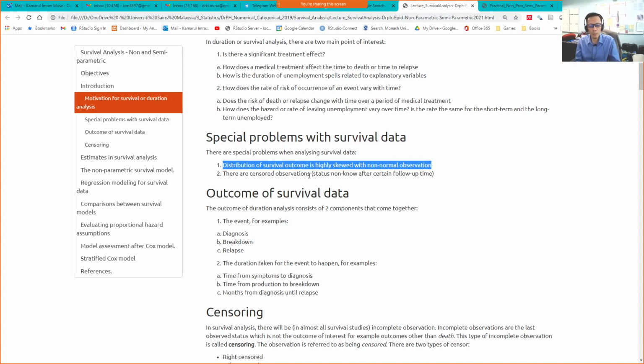For example, if someone with blood cancer is still alive in the first month, second month, third month, and then in April, the 4th month, last follow up still alive, and then suddenly did not come to the clinic.